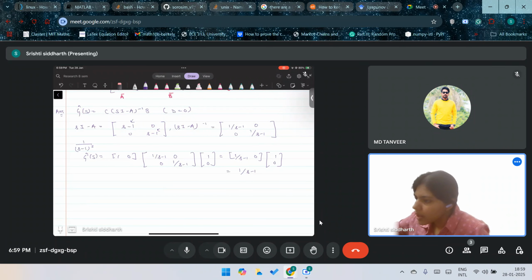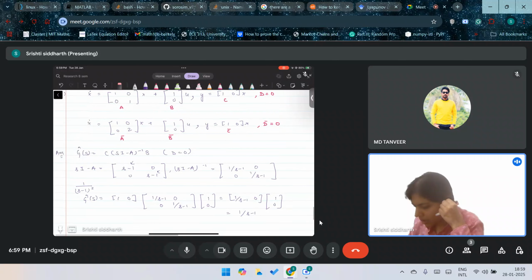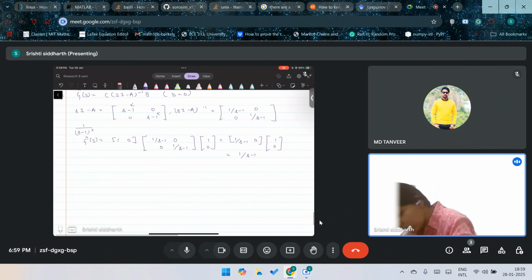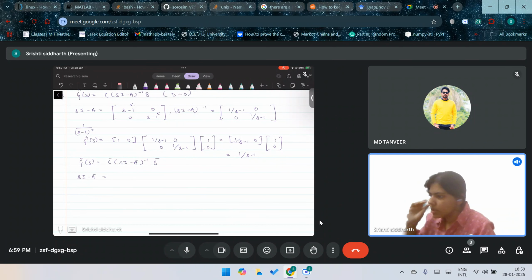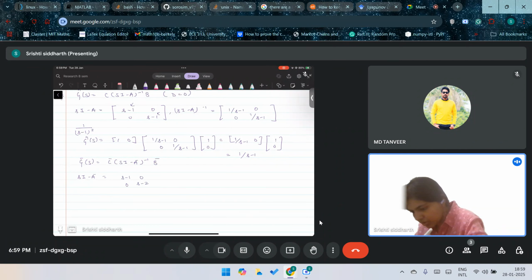Then we also have the second system, so let's compute the transfer function for that. Let's say this is G bar of s, which is C bar (sI minus A bar) inverse times B bar. Now sI minus A bar is simply s minus 1, 0, 0 and s minus 2.